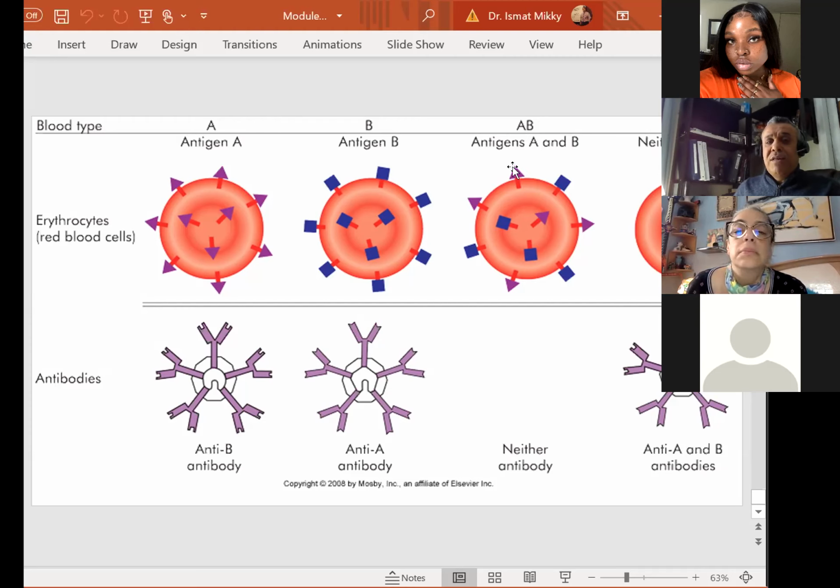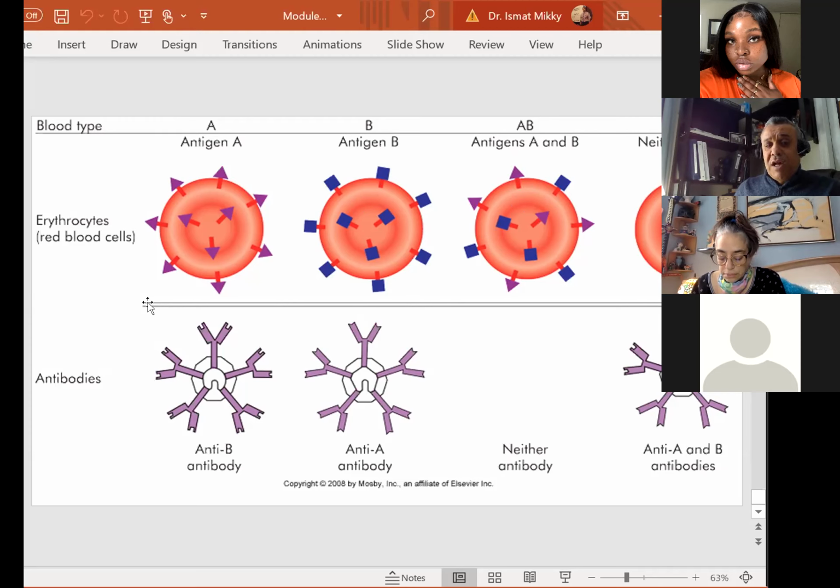AB has both antigens, right? So this patient blood is going to react definitely to this one and this one, because B has B antigen and AB has both antigens.